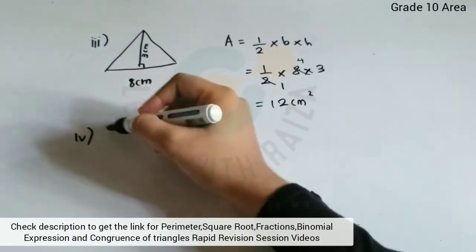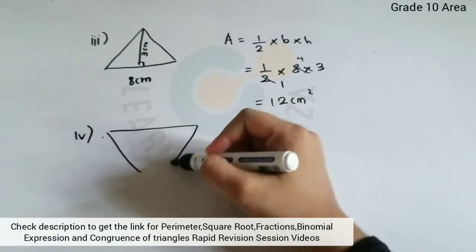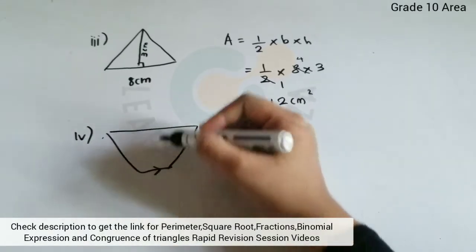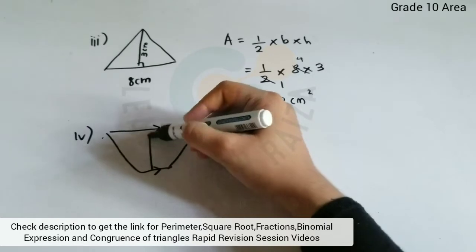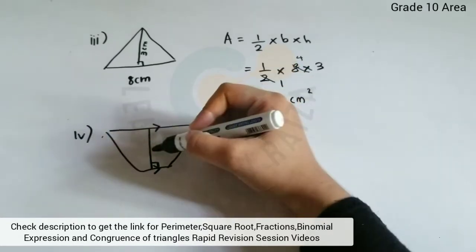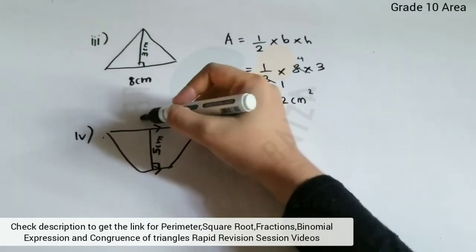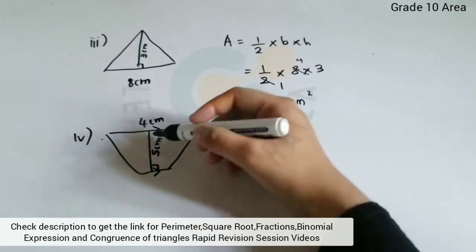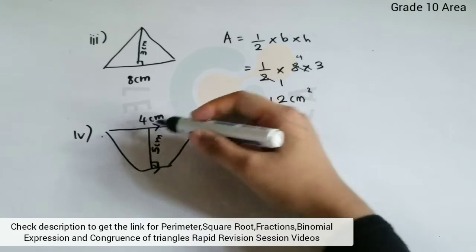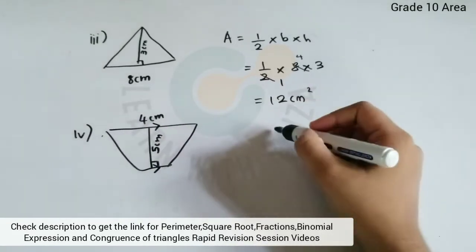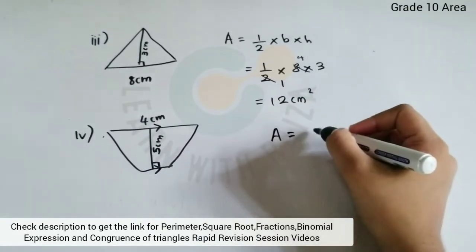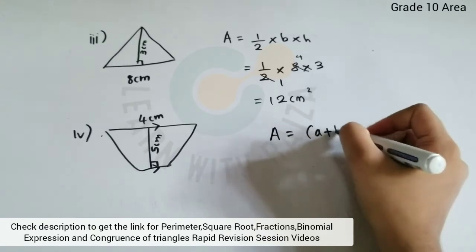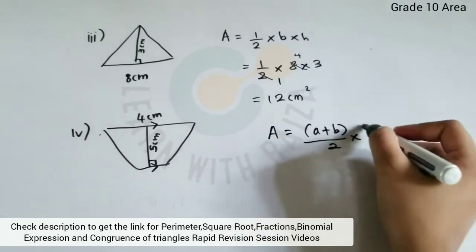Now Roman number 4 is a trapezium. They have given two sides are parallel. Perpendicular height is there at 90 degrees. Height is 5 centimeter. Base is 4 centimeter. Now two parallel sides are there in a trapezium. So area for trapezium is what? A plus B divided by 2 multiplied by height.